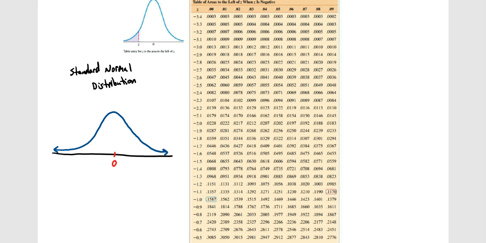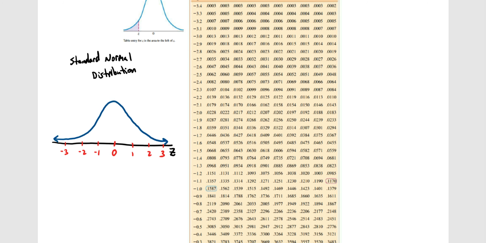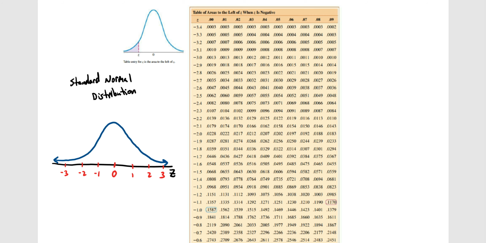That's because the x values down here, the observed values, are actually going to be the standard deviations z instead. So anytime we're thinking about these in terms of z, we can think about the normal distribution as the standard normal distribution. And we're going to have z values greater than 0, like 1, 2, and 3, and then to the left, -1, -2, -3. So when we're using the z-table, that's kind of how we're going to be imagining our normal distribution.